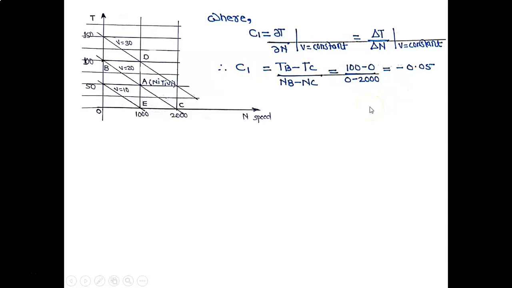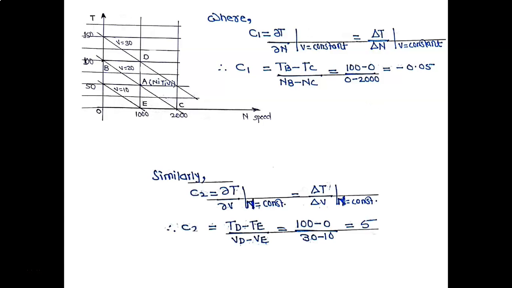Now we will find the value of C2. C2 is equal to dou t by dou v when n is constant, which is equal to delta t upon delta v when n is constant. What is the constant n or mean speed? This is 1000, nothing but the mean speed or constant speed. Therefore, along this vertical line DE, we will find delta t and delta v.